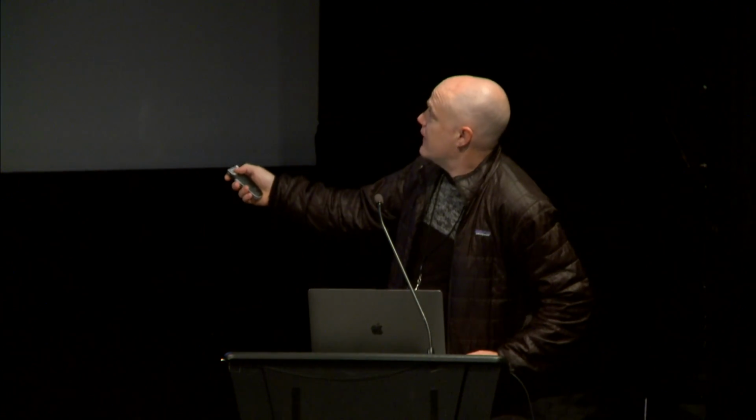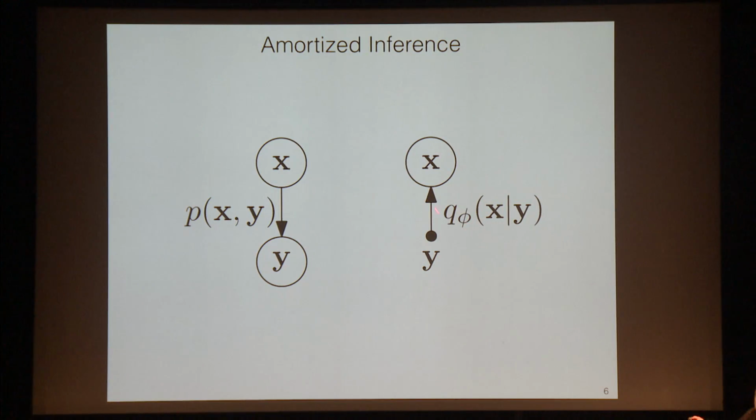But what we would like is this thing over here, which is some sort of machine that takes our observation and directly maps to our posterior distribution over our latent quantities, okay? So this thing, we're going to parameterize by phi. For most of the time here, it's going to be a neural network. The structure of that neural network could be whatever. It could be a program. It could be, who knows? There's all sorts of interesting ideas. But here it is mostly going to be deep neural networks.